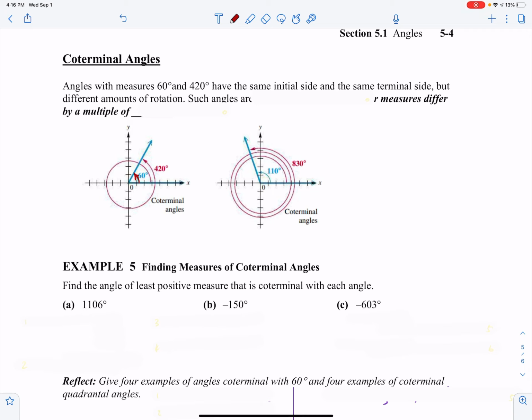But notice the red that indicates the 420 degrees. It goes all the way around plus a little bit more. But they do stop at the same place, which is why they're called coterminal angles. Their measures are going to differ by multiples of 360 degrees. So 360 degrees or 720 degrees, etc.